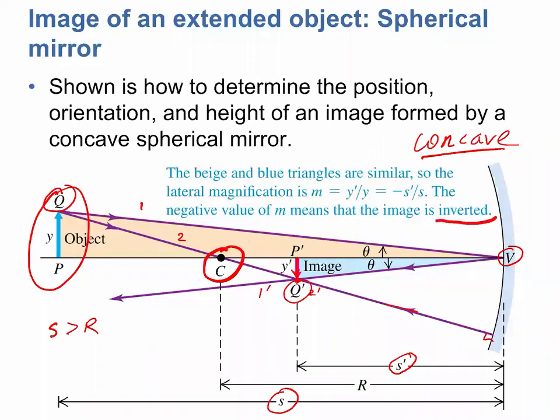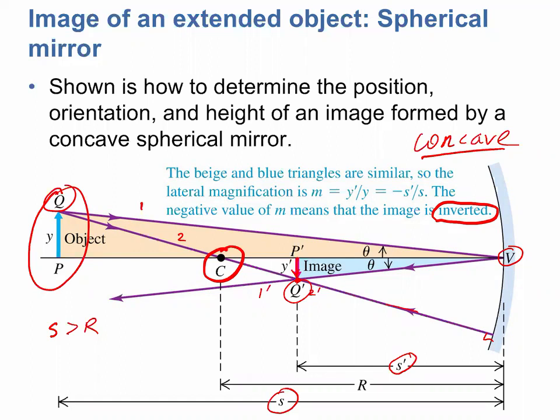So inverted is kind of true or constant for all the real images. That means if your image has an opposite orientation compared to your object, that image is real. And all the real images for mirrors are generated in front of the mirror.